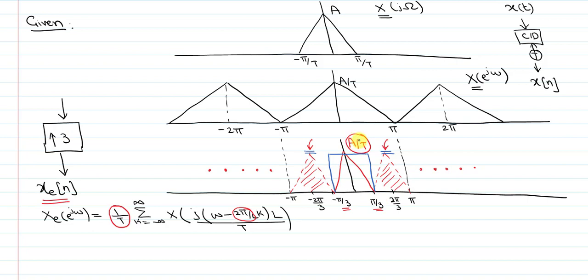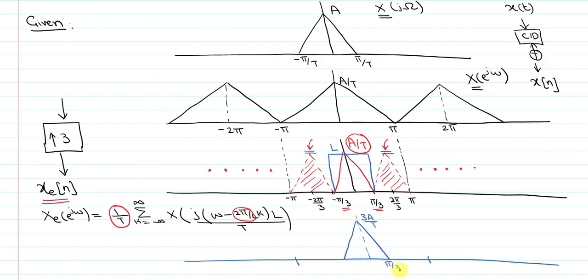I still need to worry about the magnitude scaling. Well, that I can do by using a low-pass filter which has a gain instead of 1. The gain of the low-pass filter is L. If I do that, then I will get back a sequence whose Fourier transform is going to have the height of 3a over t.